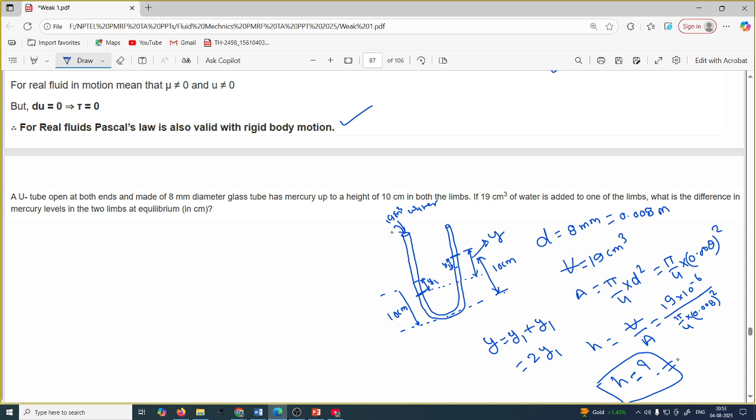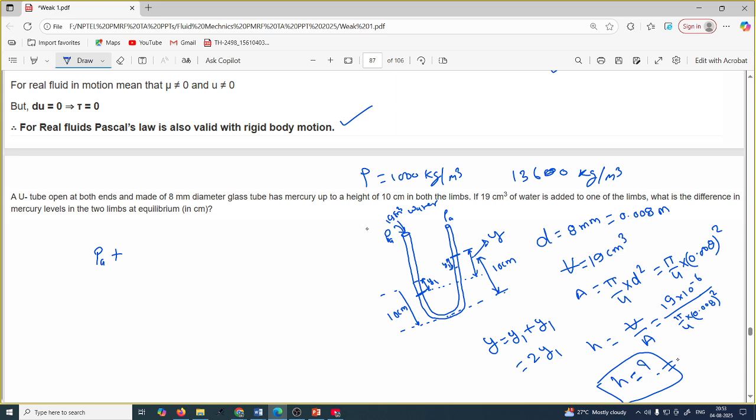So here is the atmospheric pressure, PA. Here also is PA. So you can write PA plus, here the water density is not given, we will consider 1000 kg per meter cube, and I think the mercury density is also not given, so we can consider it here as well, kg per meter cube.